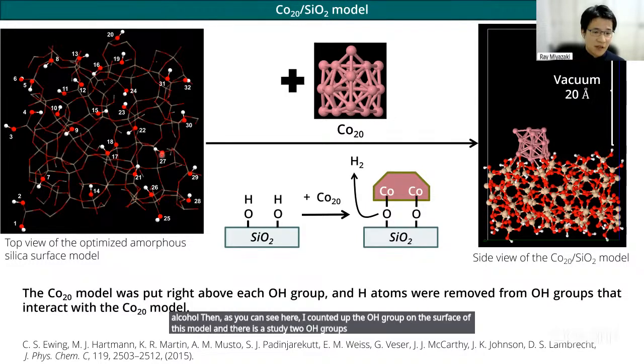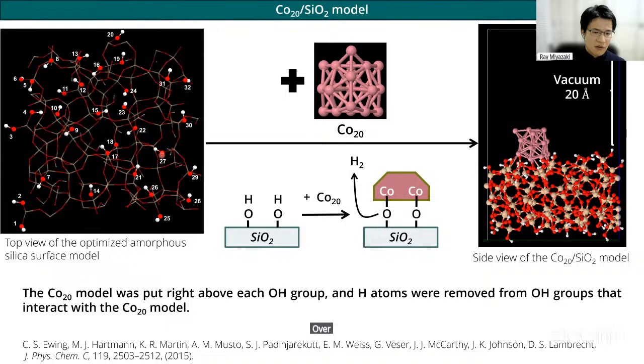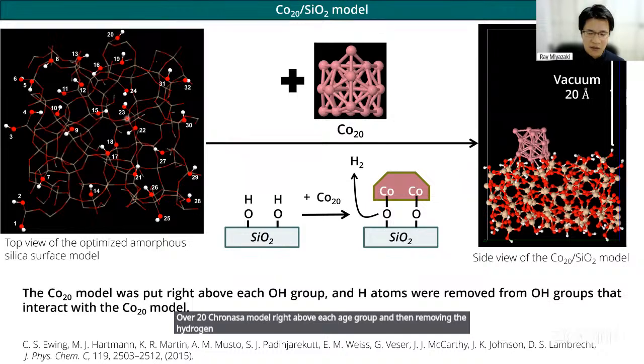I put the cobalt-20 cluster model right above each OH group, removing the hydrogen atom that directly contacts the cobalt nanoparticle. Then I performed geometry optimization on each point and compared their relative stability.